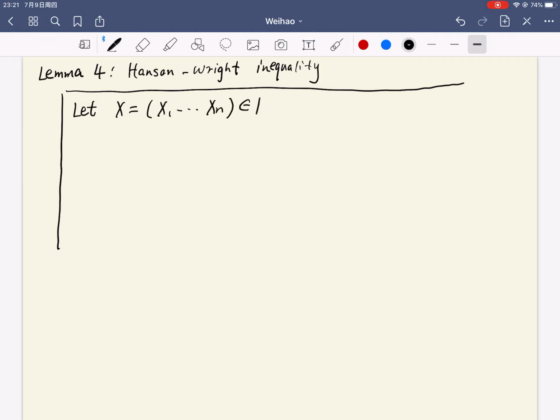Suppose we have a random vector, and each entry is IID with mean 0, and also satisfies the sub-Gaussian condition.